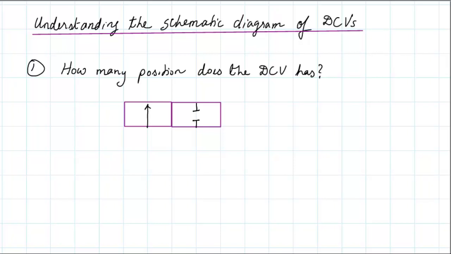Okay, now there may be a totally different DCV. Let me draw that case. Now this DCV also has two positions. Why? Because I have drawn two boxes. Okay, so the number of boxes will actually tell you how many positions are there. Now suppose in one position the arrow is shown like this and the next port is shown like this.